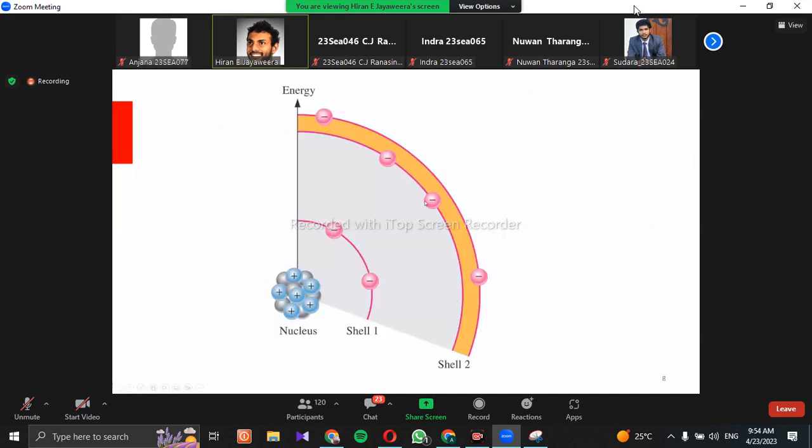Now, what you see here is an energy diagram. Here you see the nucleus at the center, and the radial direction is where you have the center here and you go outwards.